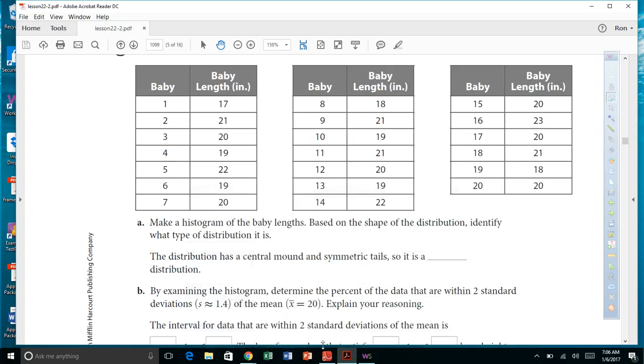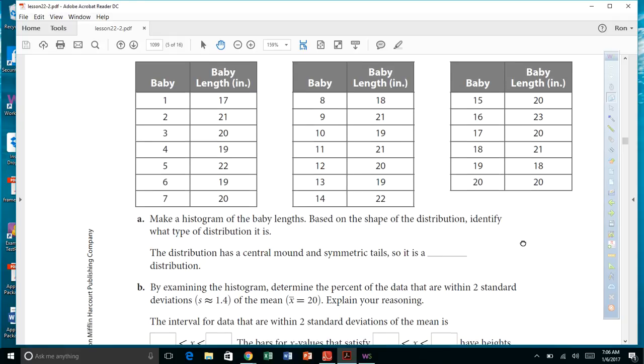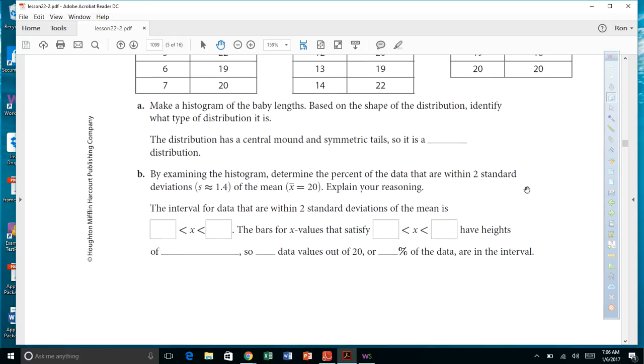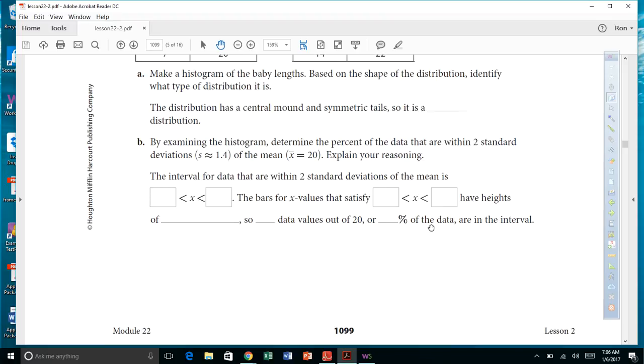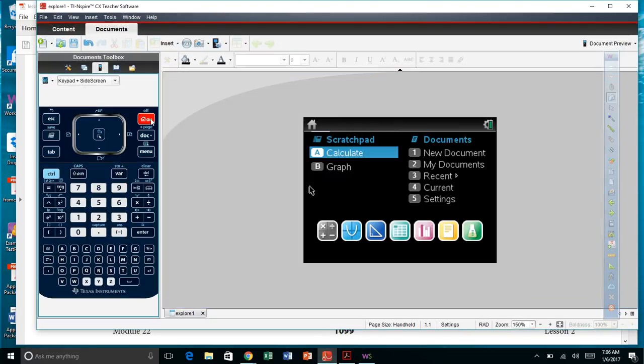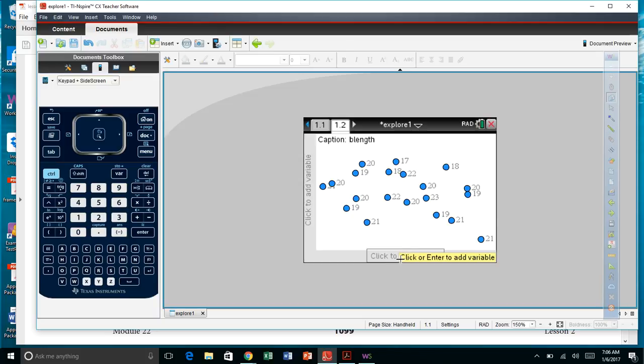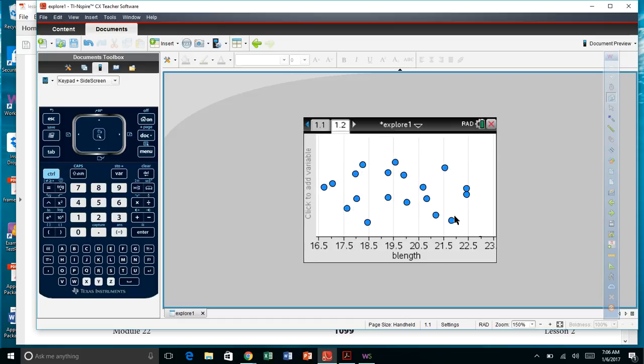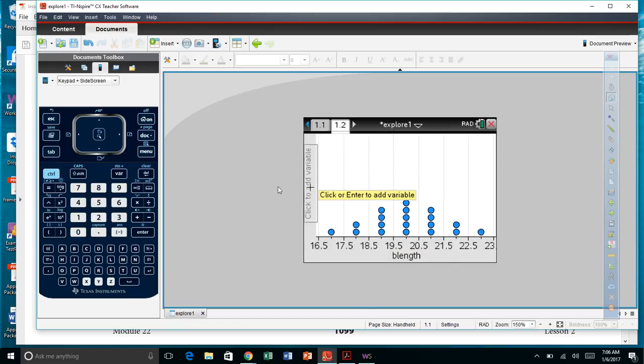Now, make a histogram of the baby lengths. Based on the shape of the distribution, identify what type of distribution it is. So let's take a look at it. Let's make a histogram of baby length. Oh, that looks pretty symmetric, doesn't it?